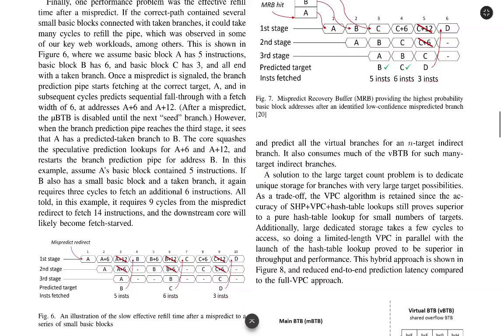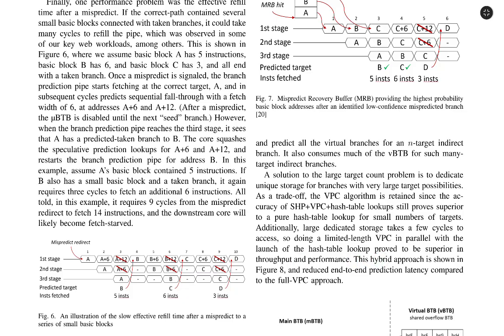It also consumed much of the VBTB for such many-target indirect branches. So the solution to the large target count problem is a dedicated unique storage for branches with a very large target possibility. As a trade-off, the VPC algorithm is retained, since the accuracy of the SHP-based VPC lookups still proved superior to a hash table lookup for a small number of targets. Additionally, large dedicated storage takes a few cycles to access, so doing a limited length of the VPC in parallel with a lookup of the hash table proved to be superior in throughput and performance.